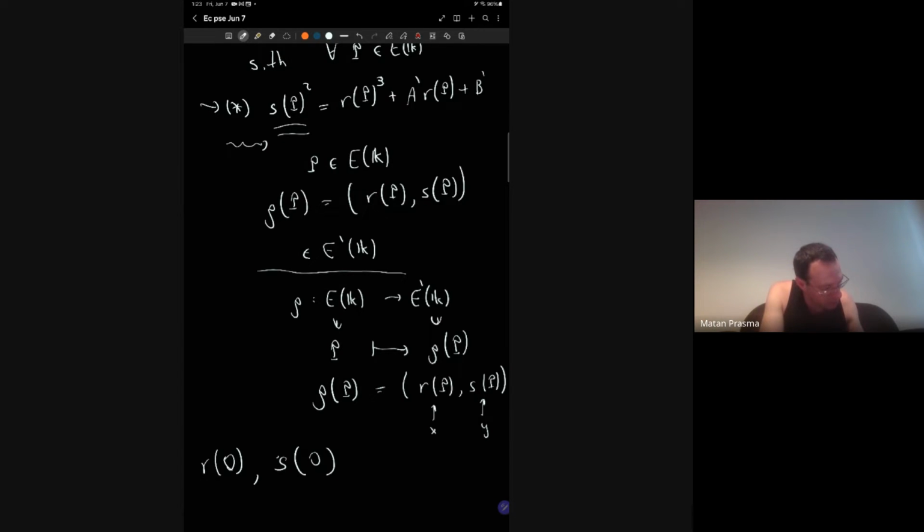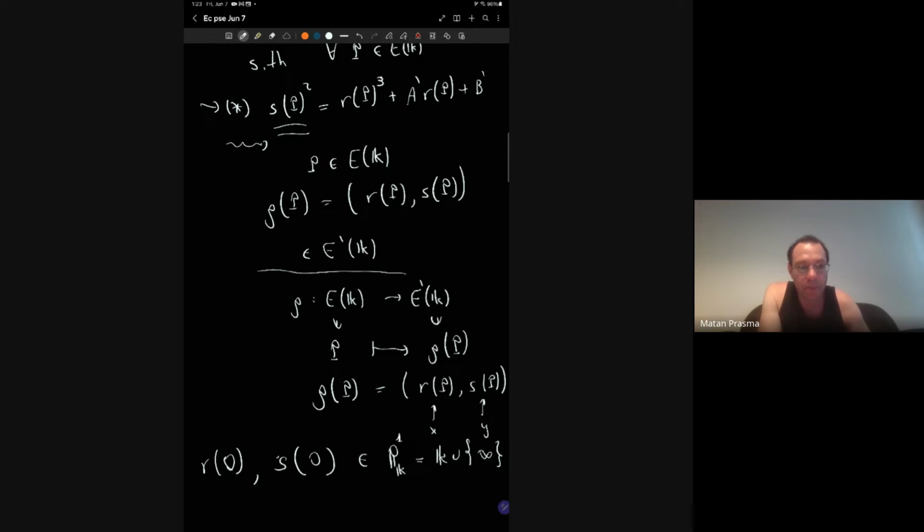When we talked about rational functions, we said that you can evaluate a rational function at the point at infinity and you get something on the projective line, which is just K together with an additional point.